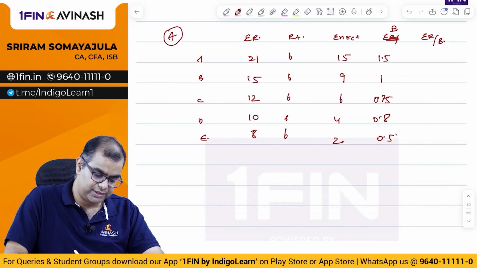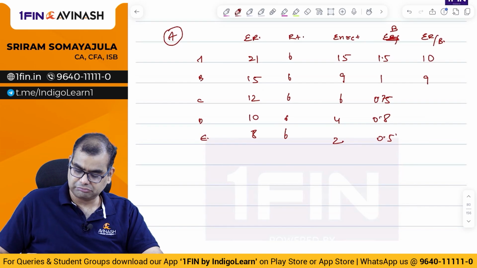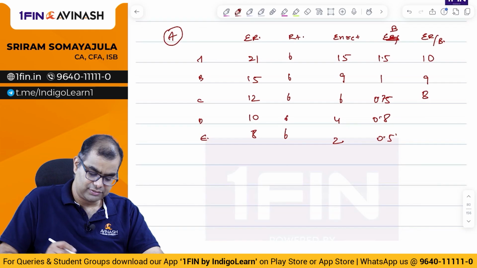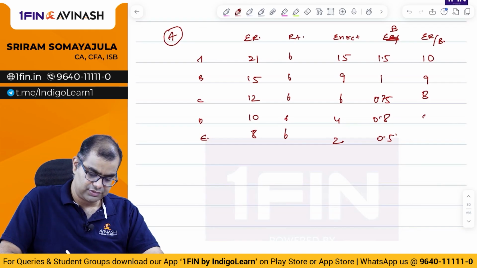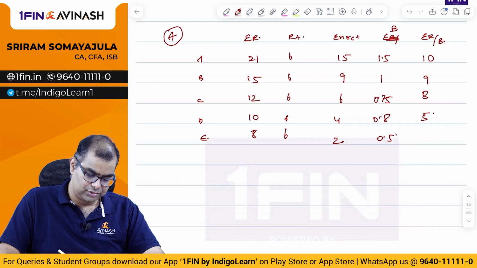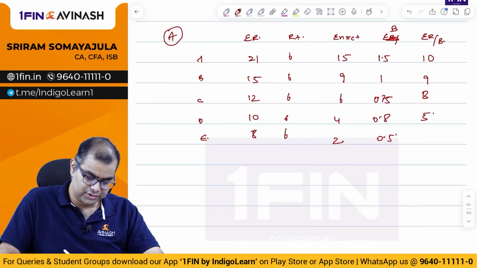So, excess return by beta is 10, 9, 6 by 0.75, this is 8, 4 by 0.8, this is 5, 2 by 0.5 is 4.